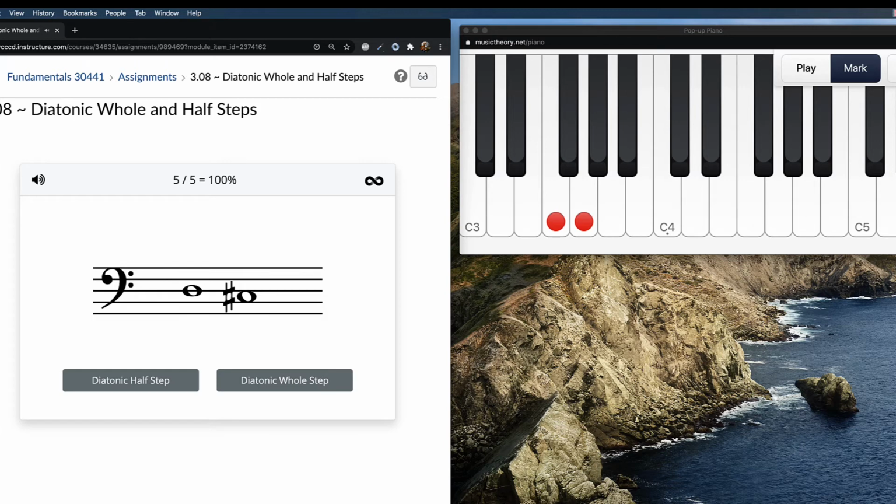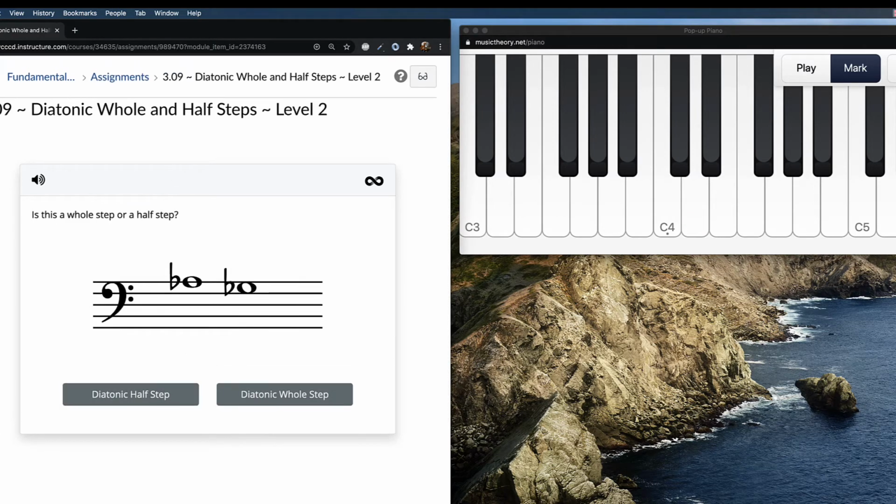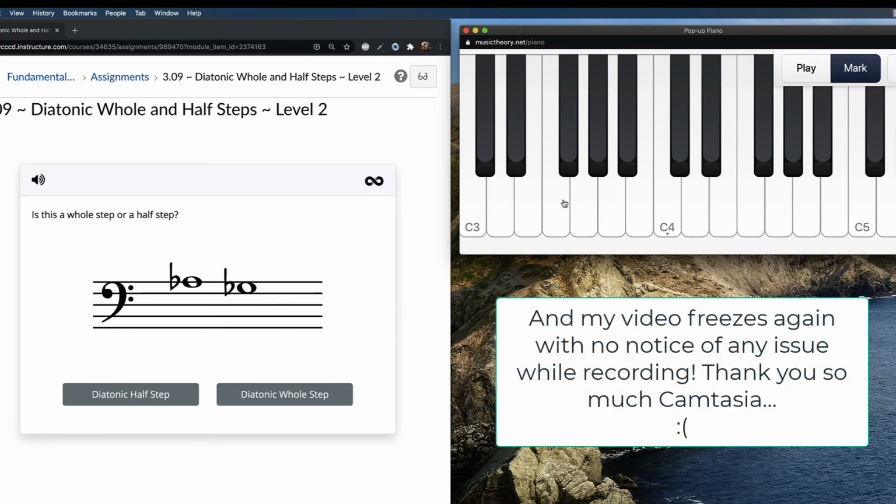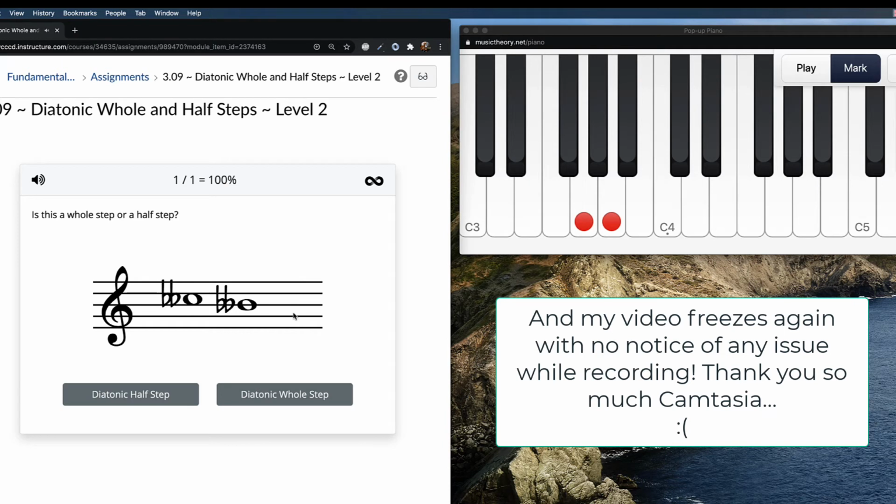Let's do one more and then we'll do some that will potentially give us some harder accidentals. D to C sharp. Here's D, here is C sharp. One key apart, half step. Okay, this one's no harder yet. So I'm going to ignore the flats, G and an A. G, A. Whole step. Okay, there we go.